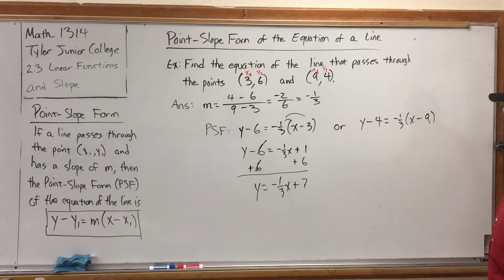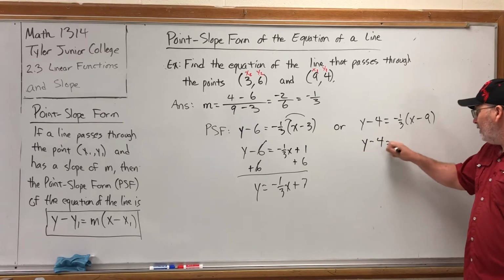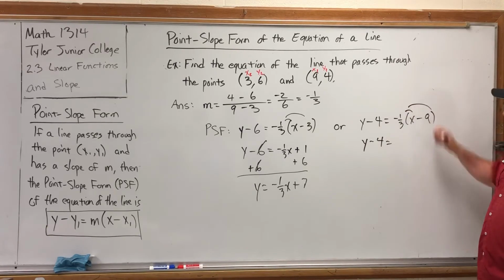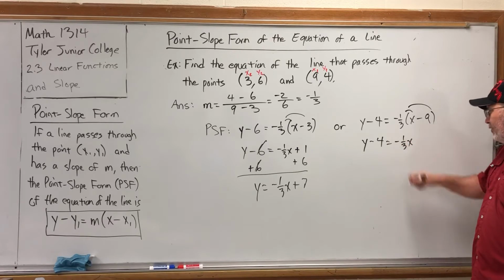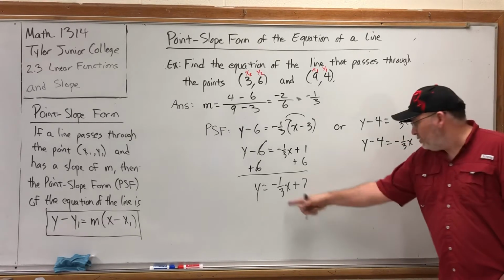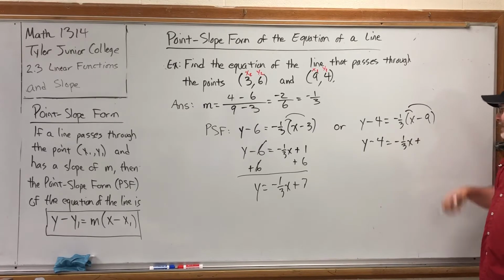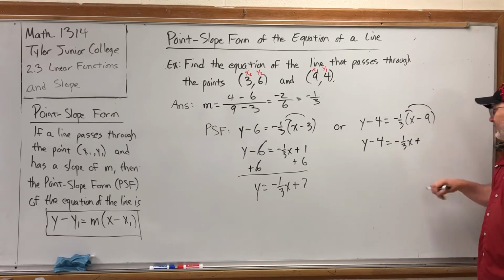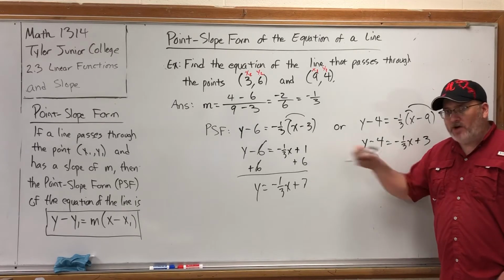I invite you to pause the video and solve this equation for y, if you haven't already. I hope we get the same result. Here I go. If we leave the left alone and distribute the negative 1/3 on the right, negative 1/3 times x is still negative 1/3 x. That's good. But negative 1/3 times negative 9, first off, is positive, and secondly, 1/3 of 9 is 3, which is not the same number we got here, except we're not done.